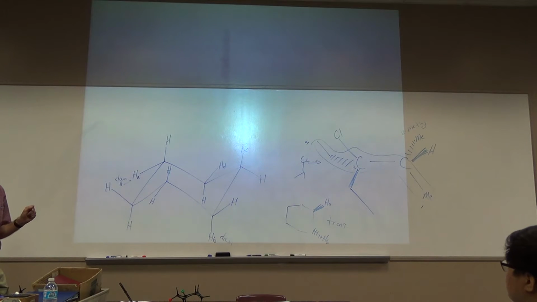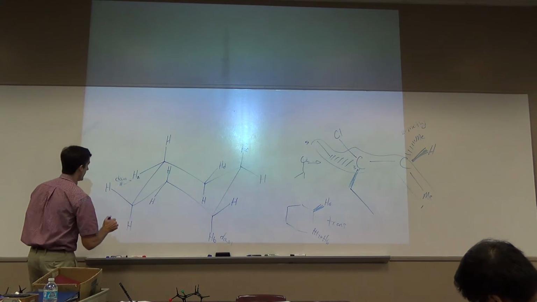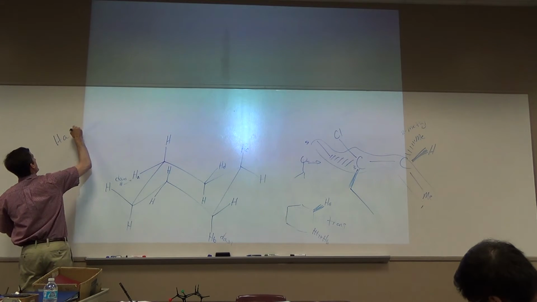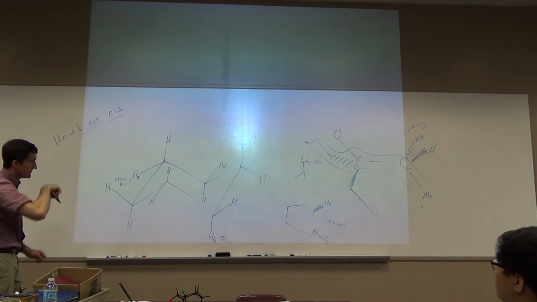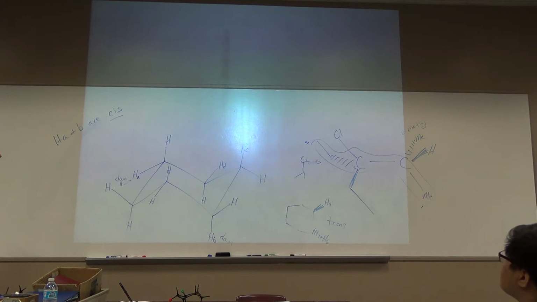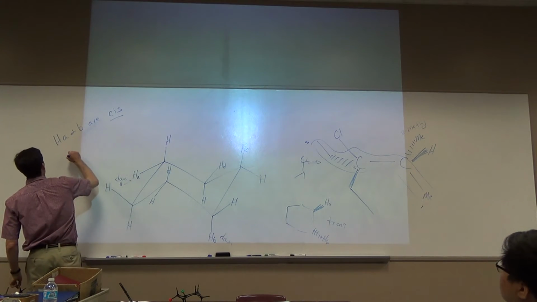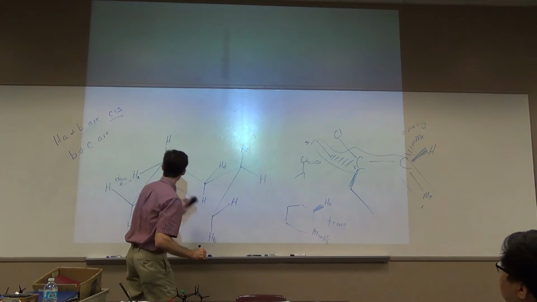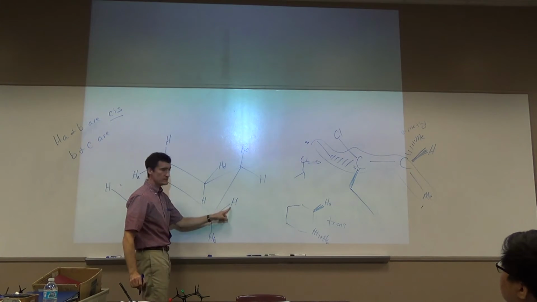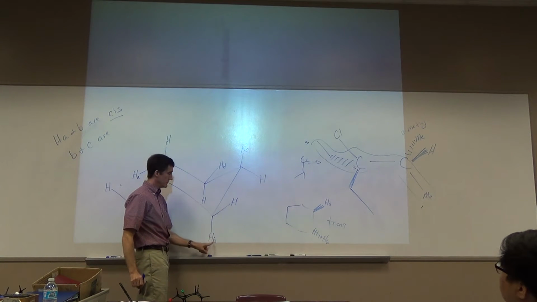Here's how you do it. Okay? So H, A, and B are what? Cis. Okay? What about B and C? What are B and C? Well, B is down compared to the other H that's there.